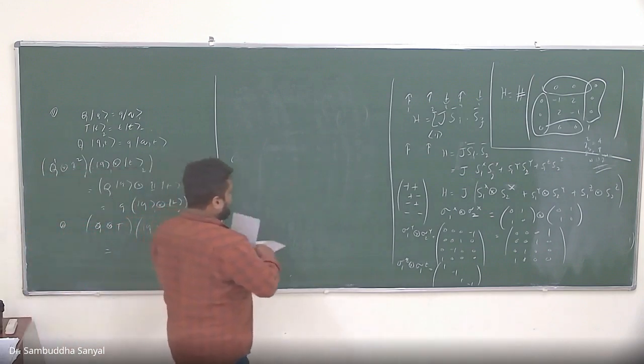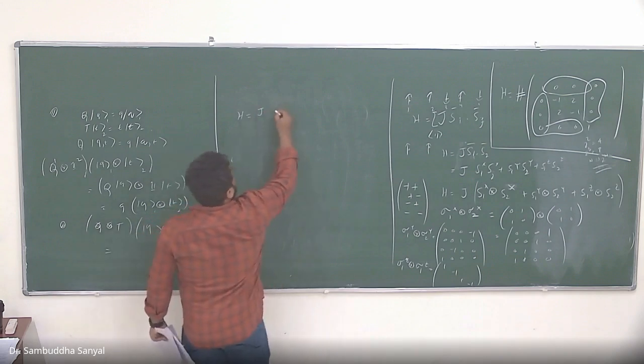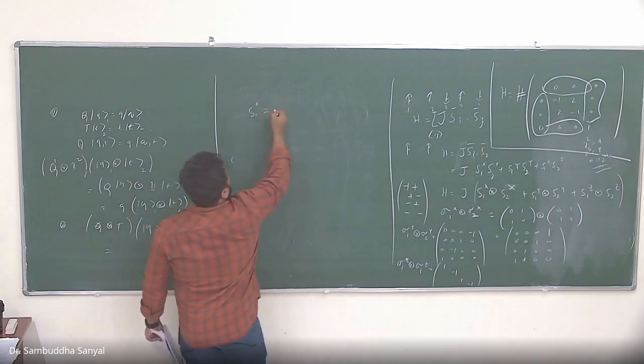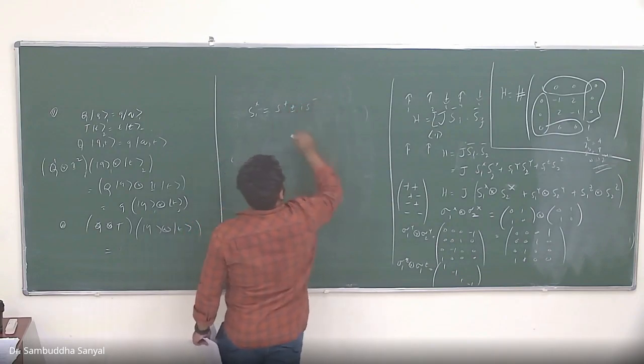We evaluate each of these entries, okay? So first notice S1x is S plus, the ladder operator, plus minus i S minus, okay?